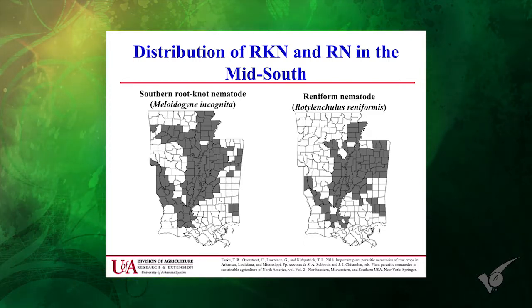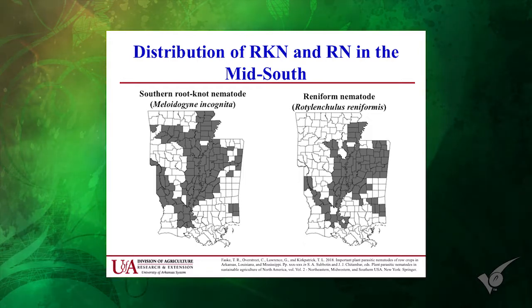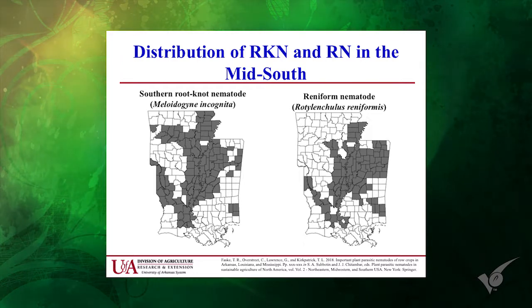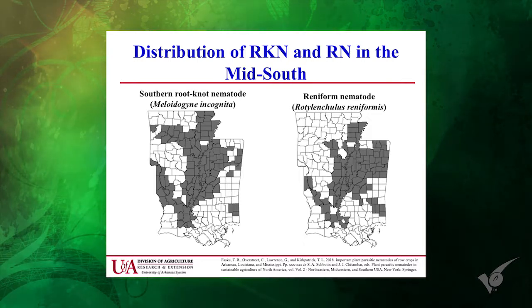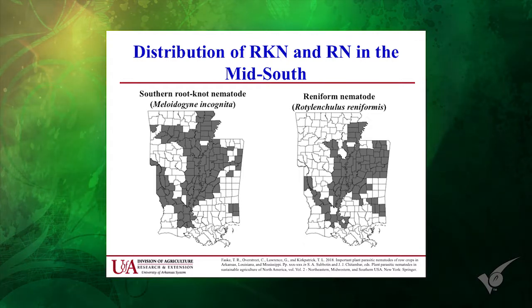Adding corn into our rotation has exacerbated that. Corn is a tremendously great host for increasing that population, and that's why we're seeing more of that in the Mid-South. Not every county has a problem with nematodes, but this gives you an idea of the distribution. Reniform is the same thing, following a lot of the cotton and soybean production within those 3 states.